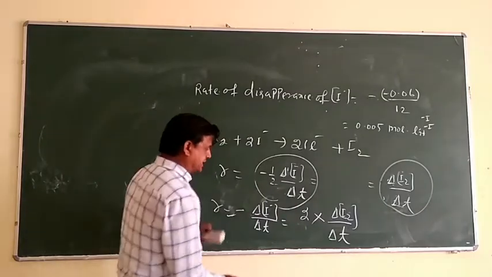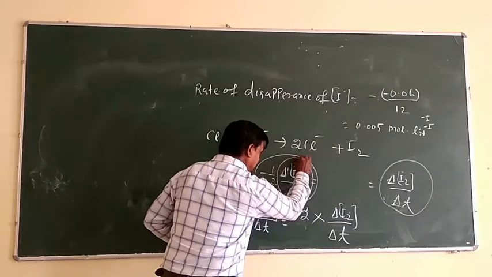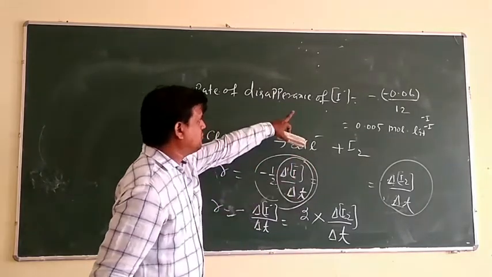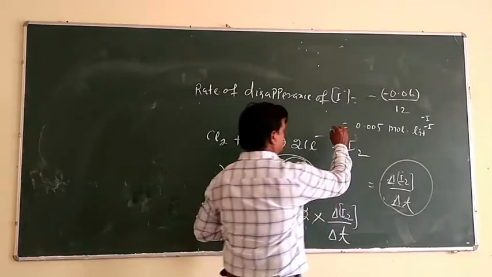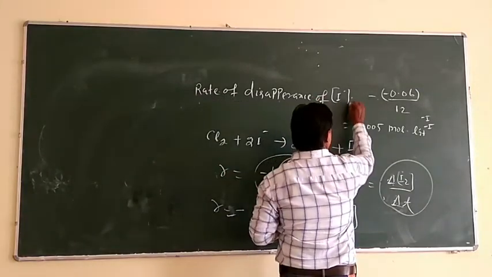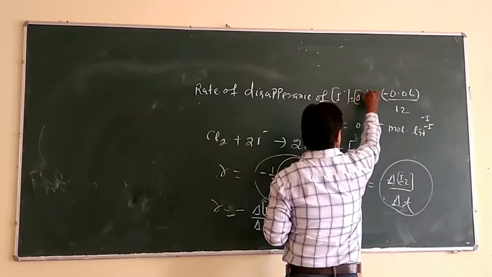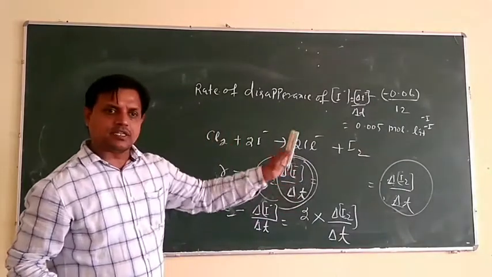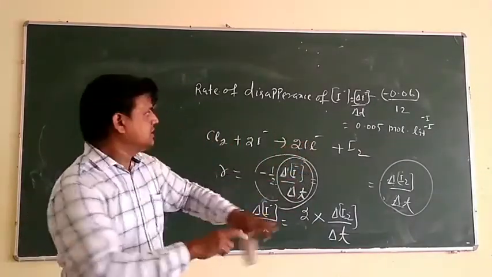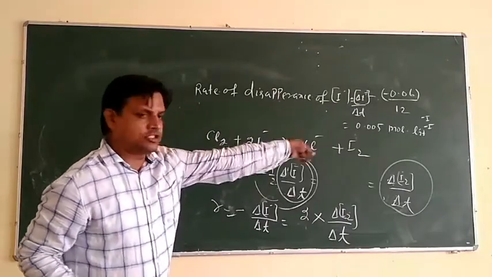Also we have calculated this. What is this value? Del I minus ion by del t is the rate of disappearance of I minus ion, which we have calculated as 0.005.